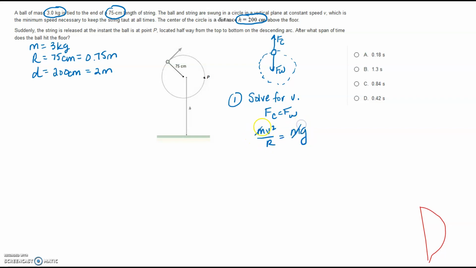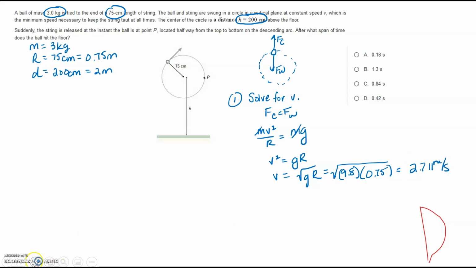My masses cancel, and I get v squared is equal to g r. So v is equal to the square root of g r, which is the square root of 9.8 times this, my r in meters, and I get this for my velocity.